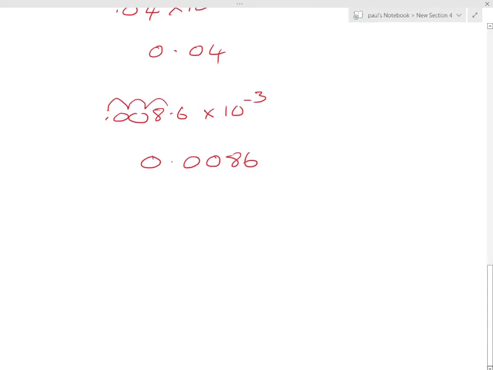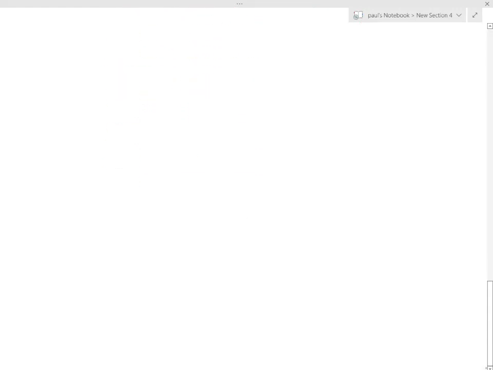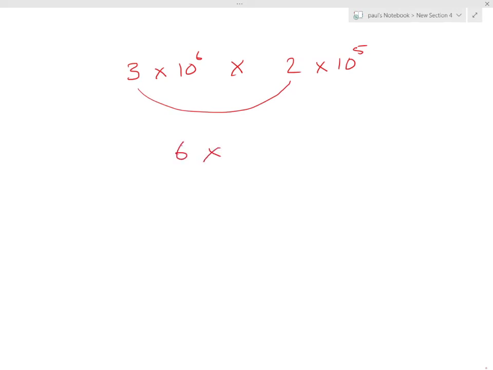Right, next part will be multiplying. Now, this takes you back to an indices lesson. So let's do 3 times 10 to the 6 times 2 times 10 to the 5. You multiply the numbers together, which is 3 times 2 is 6.